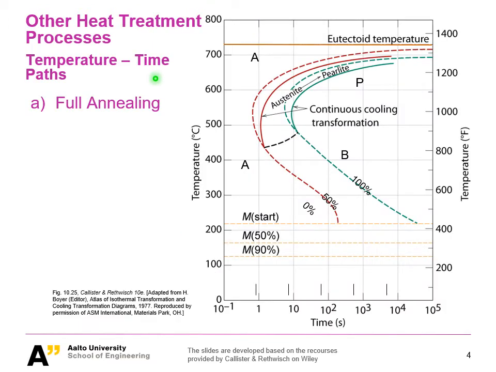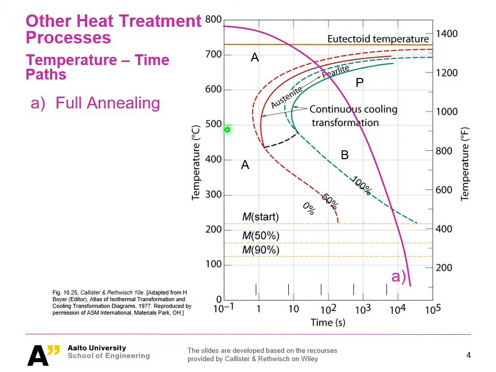And just as we defined full annealing, it is a process looking exactly like that. So we're plotting this curve in the diagram of time versus temperature. You know this diagram quite well already from the lecture last week. We need to pay attention to the solid lines and dashed lines. You probably remember the solid lines indicate the phase transformation under continuous cooling conditions, so they're called continuous cooling transformation.